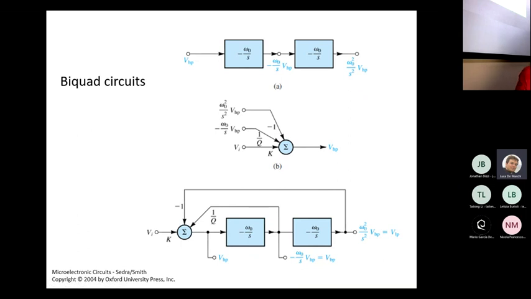The idea related to these biquad circuits is that basically you have a different means to implement a second-order transfer function, which is based on the analysis of how the high-pass frequency transfer function is related to the input itself. Okay, so just 1 second.